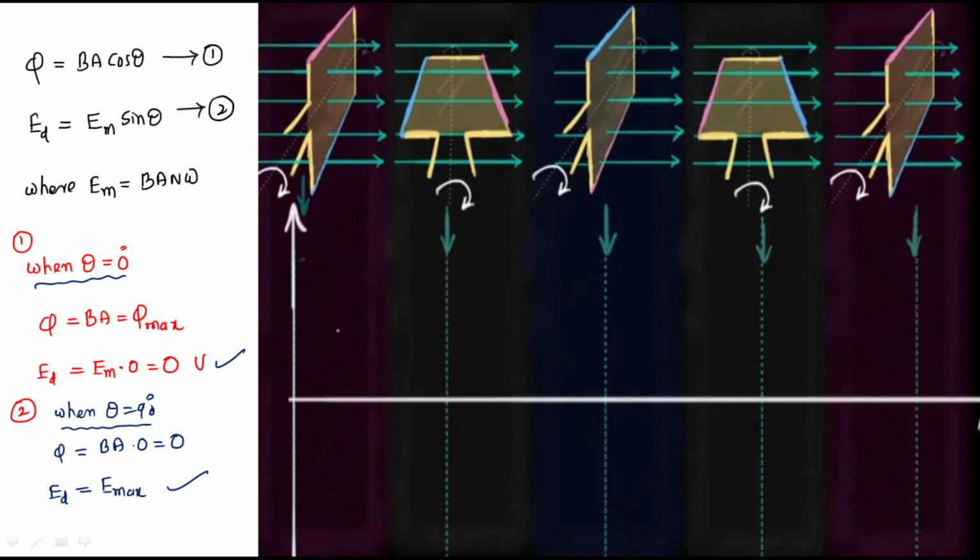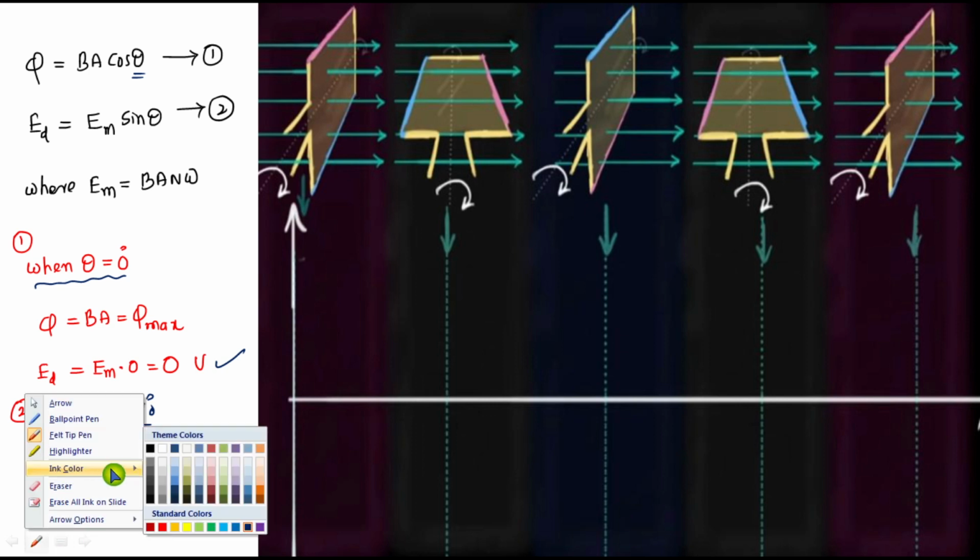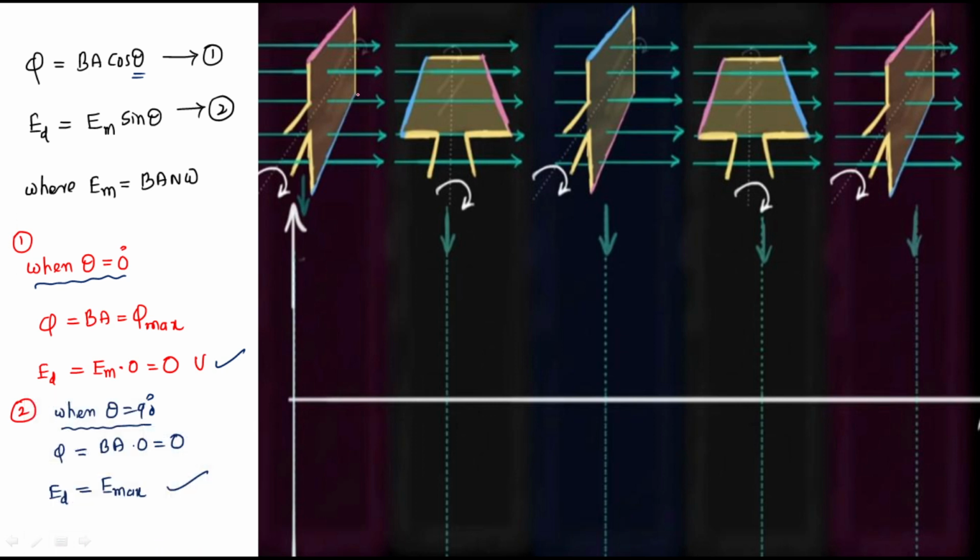How is it possible? I would like to explain this theory in this diagram. We all know that theta is the angle between the magnetic field and the vector which is perpendicular to the area of the conductor.